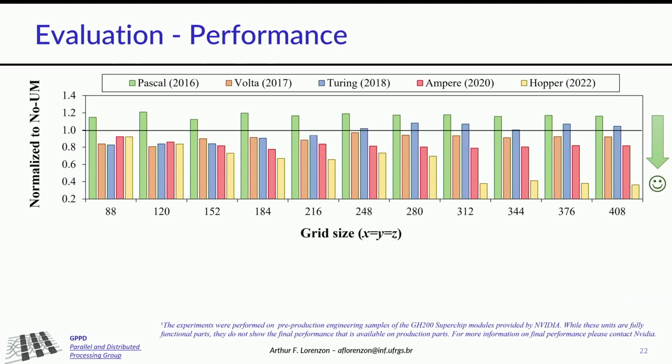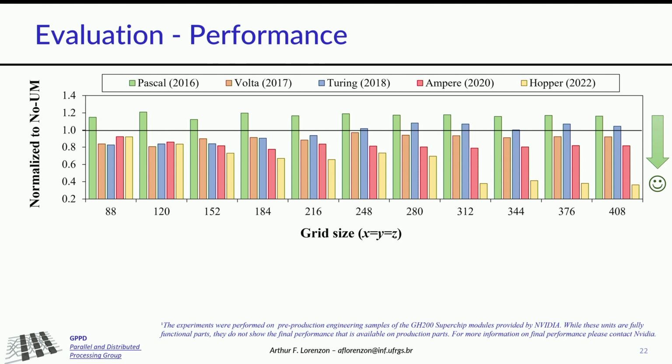So we start showing the performance results here, and before, let me just explain how the plots are organized. So we have the results, each bar and each color means a different GPU. So Pascal is the green, then Volta, Turing, Ampere, and Hopper for each grid size.